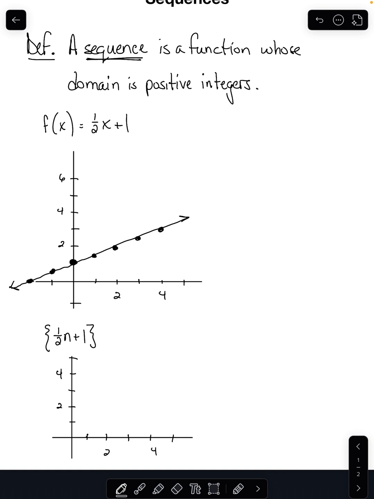Now, very often this will also include 0. So when we say positive integers, it is occasionally done with n equals 0 as well.